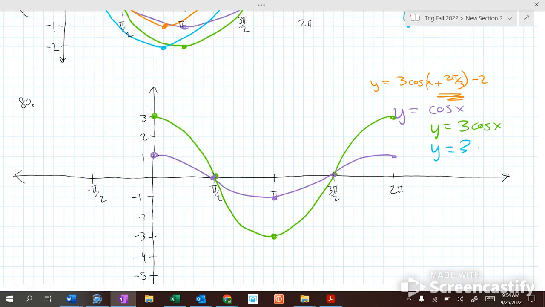Y equals 3 cosine of x plus 2 pi over 3, which I just said was 8 spaces to the left. So 8 spaces to the left for each point.